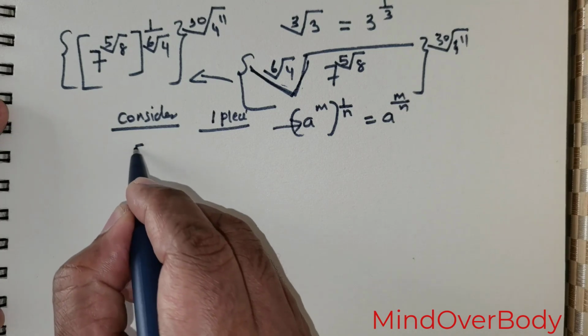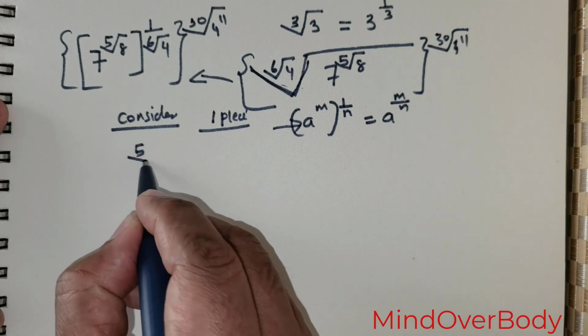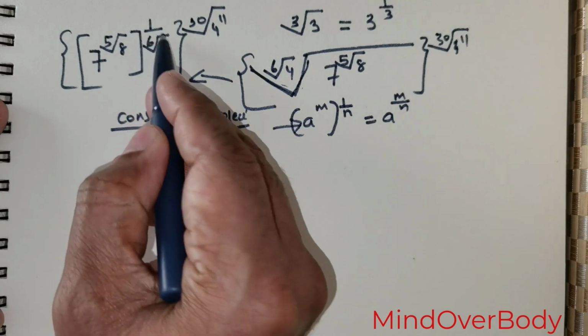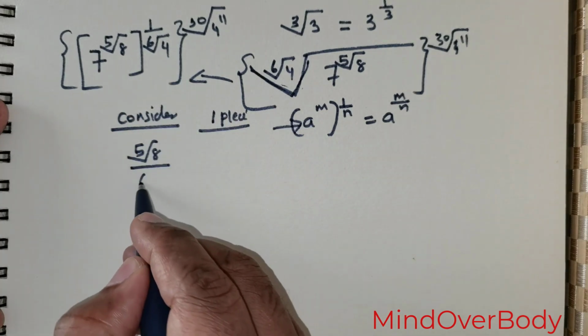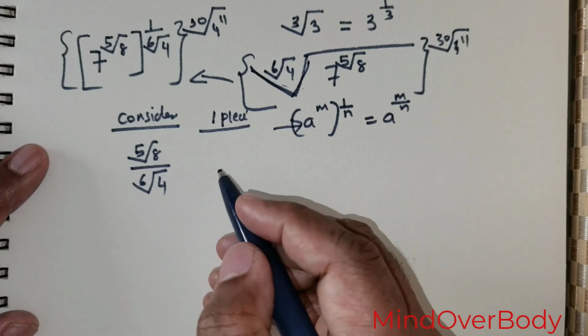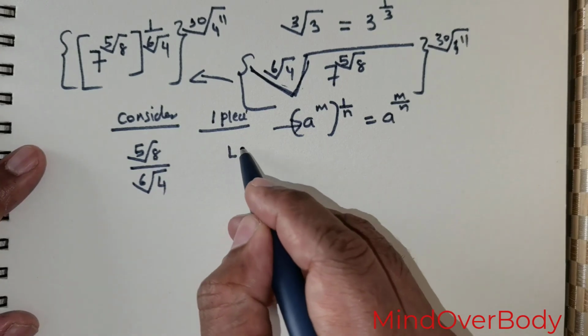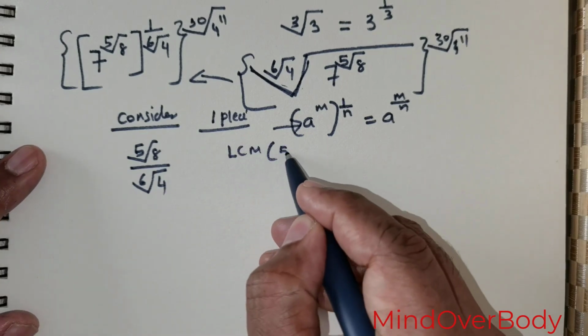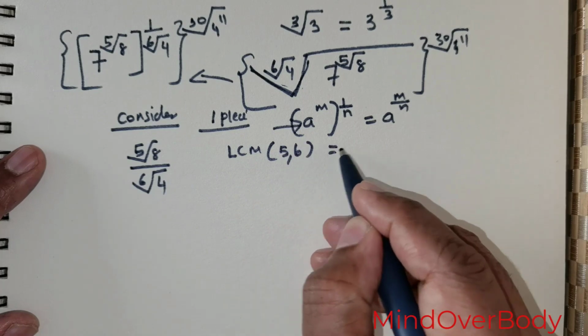So what I'm going to do, I'm going to consider 5th root of 8. This is in the denominator, divided by 6th root of 4. Next, what I'm going to do is I'm going to find the LCM of 5 and 6. That is going to be 30.